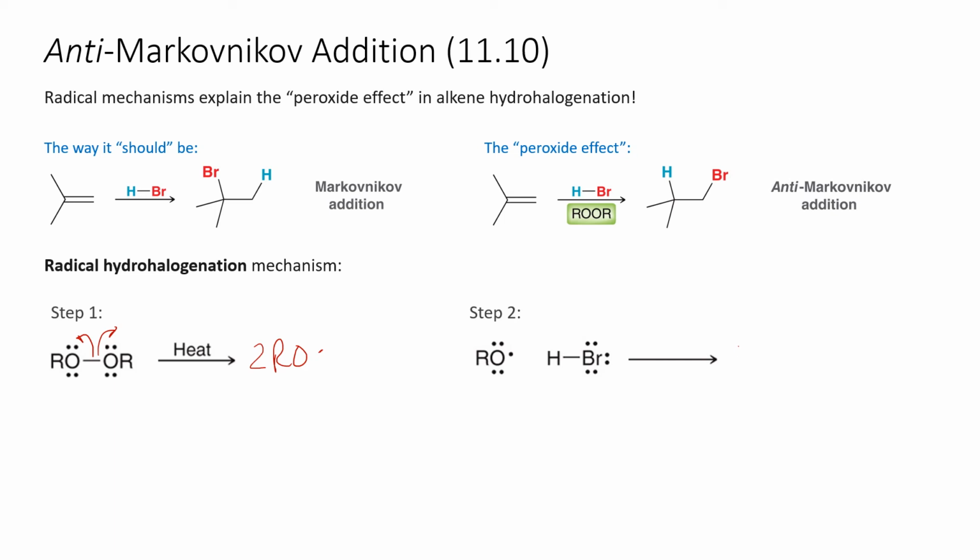We get the hydrogen abstraction plus our bromine radical.